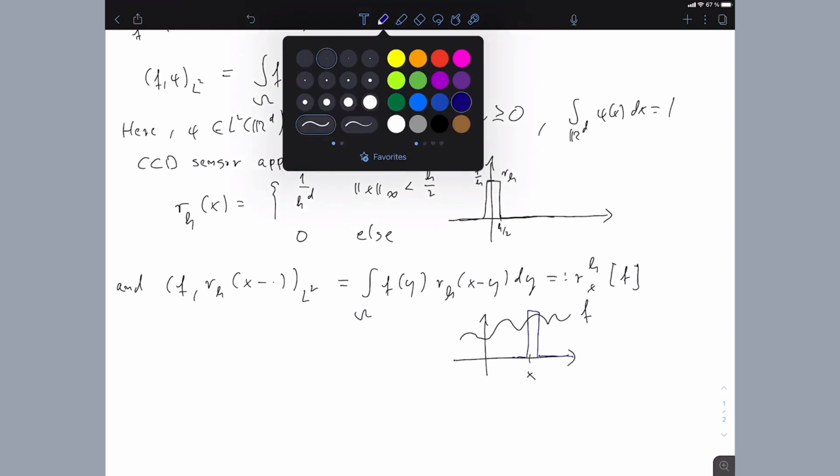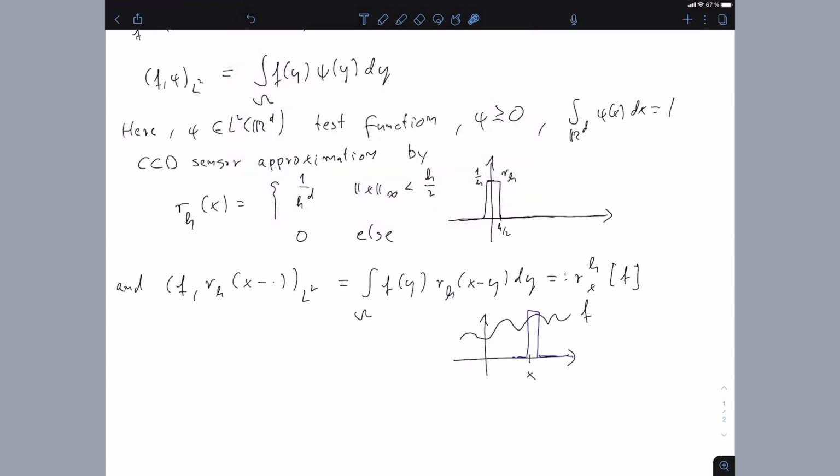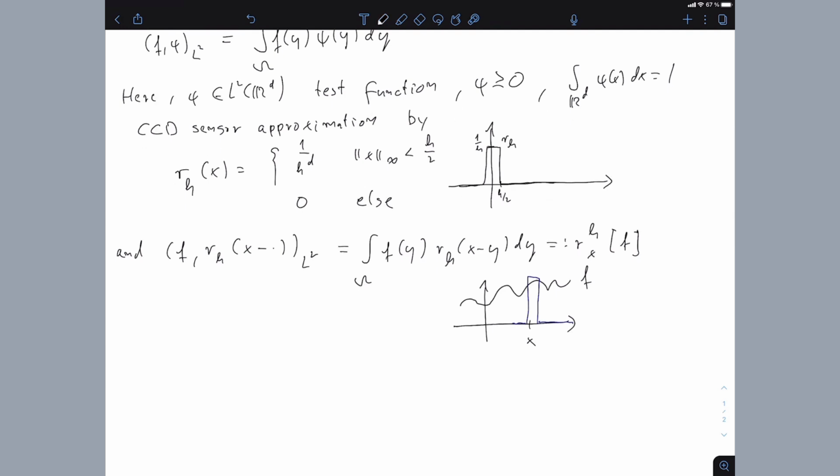And then what it means to integrate this product is just to average F in this little space. So this test function just mimics that your sensor has a certain width and all the intensity that falls in the sensor is just averaged. Yeah, it just gives us the proper mathematical specification of how you can model this.